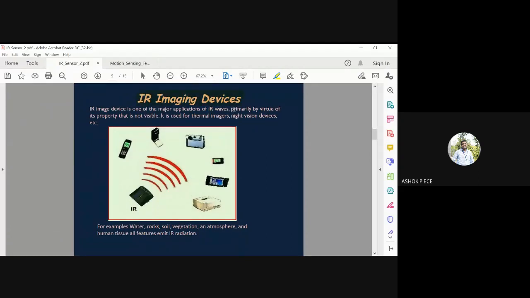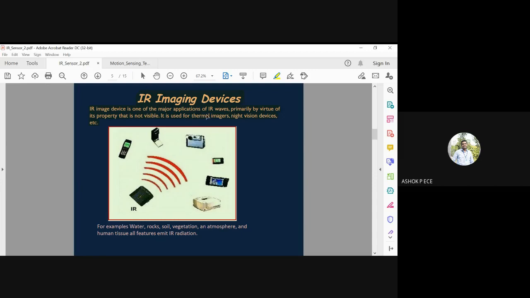IR imaging devices are one of the main applications of infrared waves. Even though visible light imaging is available in cameras and camcorders, IR imaging has its own applications. Whenever you are being scanned by an infrared camera, you never know that you are being photographed, because the infrared rays are not visible to you.